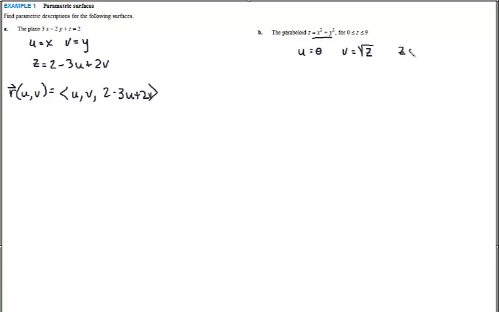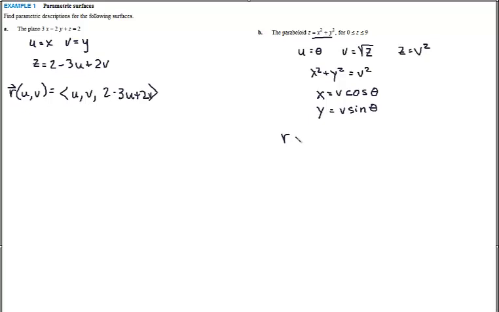This would mean that z is equal to v squared. So I'm going to have that x squared plus y squared is equal to v squared. And I can now say that x equals v cosine theta, and y equals v sine theta.